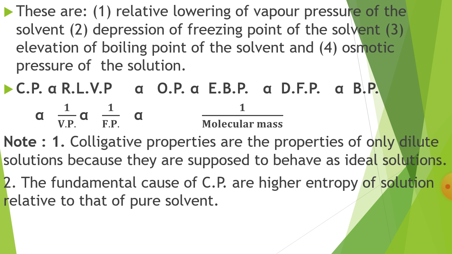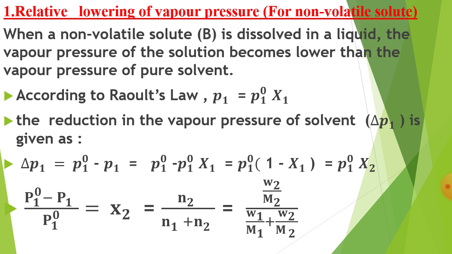Now, the first colligative property, relative lowering of vapor pressure, for non-volatile solute. Here the solute should be non-volatile, that may be sugar, glucose, urea.